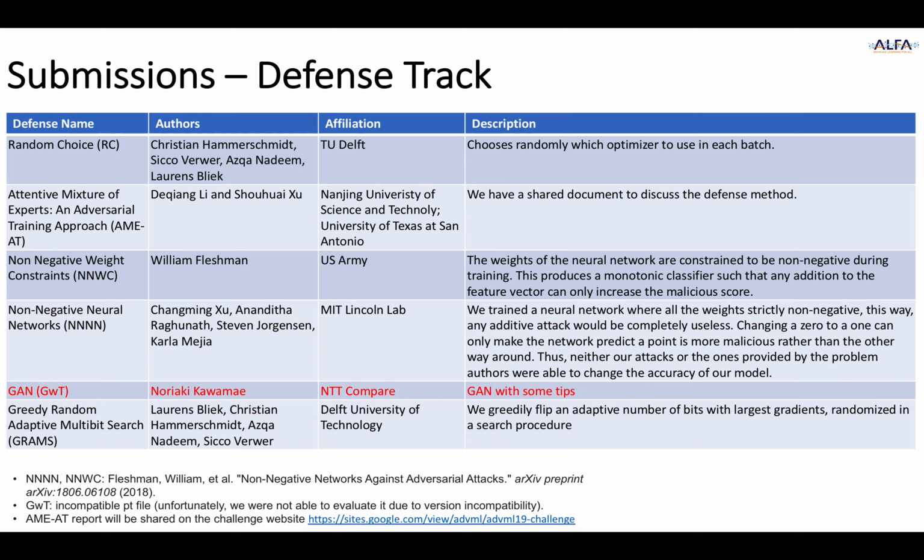There are also other methods that do the inner maximization in a different way, either choosing different maximizers or making a gradient ascent in a randomized greedy fashion. I have put some pointers to the non-negative neural network, and the authors of the attentive mixture of experts have kindly shared a document that describes their method. I'm going to share that on the challenge website.